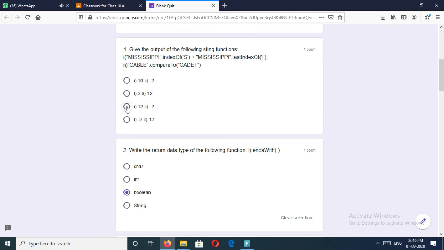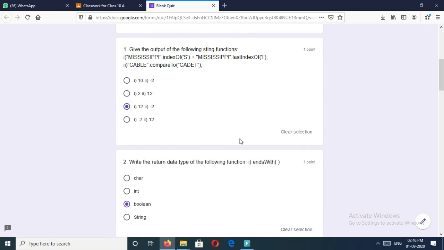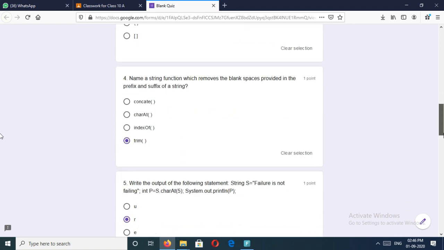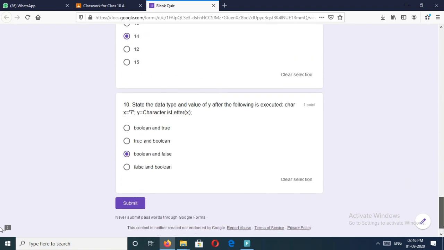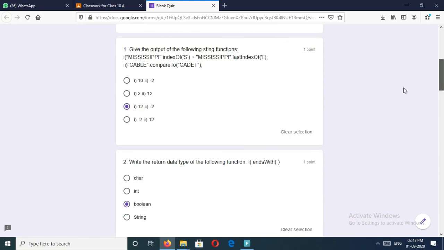Here we know 12 and minus 2. I think all of you will do what I say. Only if you make a thorough revision of this can you answer questions like this.